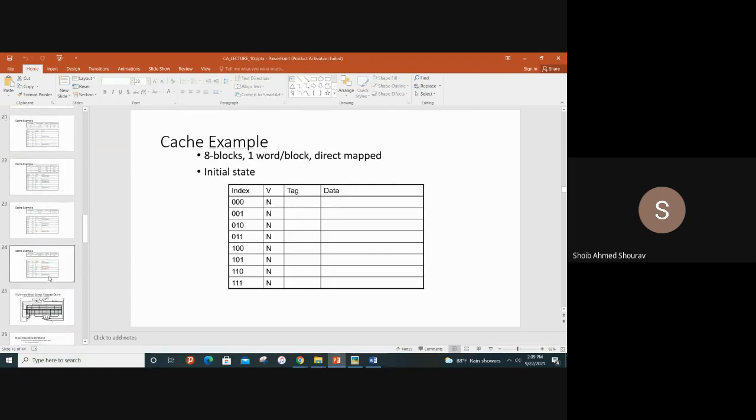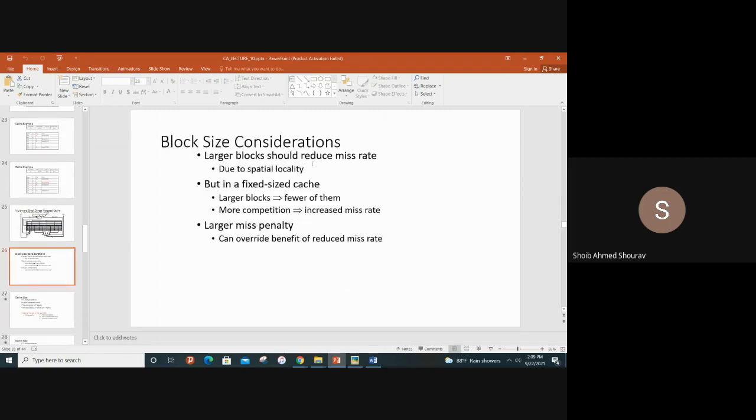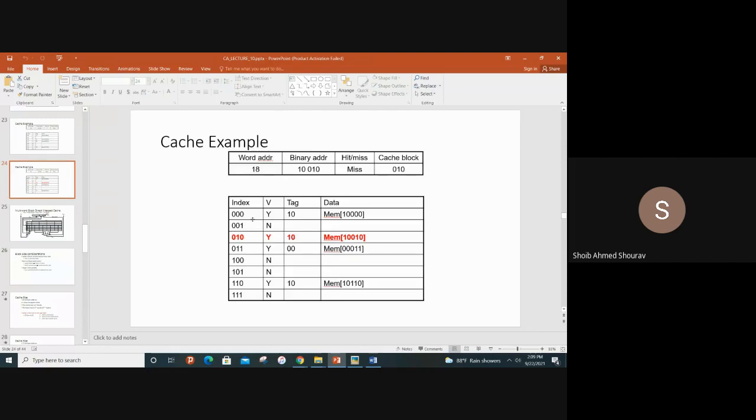So a larger block size reduces the miss rate. But if the cache size is fixed and we take larger blocks, there will be fewer of them. The number of blocks will be reduced. Like here it is 8. For example, in 8 blocks we are covering 32 RAM blocks.